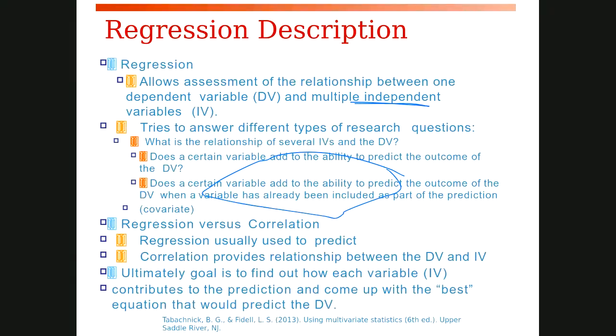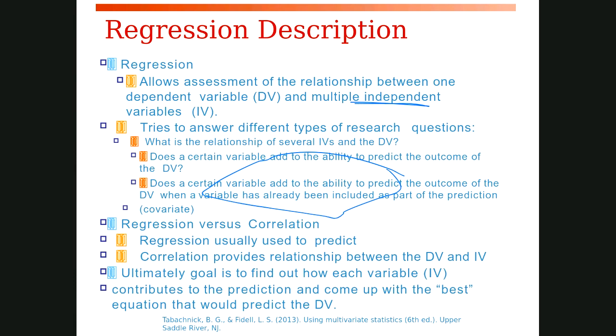But then I may realize through reading the literature and other things that actually the extent to which people emotionally eat predicts obesity. So I could say, well, if I add emotional eating, does that also predict obesity when I have stress and depression in the equation? And does it help me predict it better, or does it not add much? There are different statistics that we'll be able to use to answer that question.